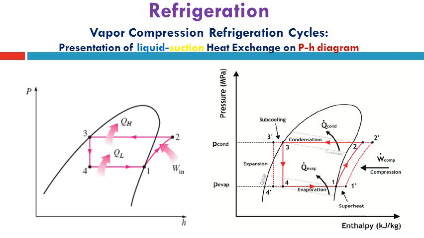Also, it has a limitation, and a comparison must be performed before estimating the degree of superheat, the temperature rise before entering the compressor, and also the temperature limits in subcooling at the end of the condenser.